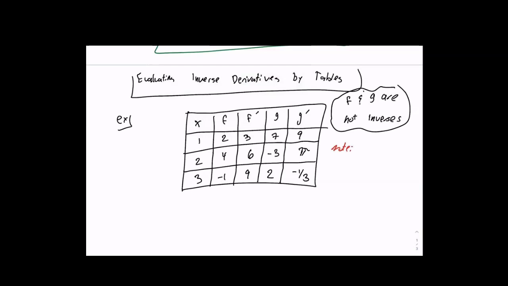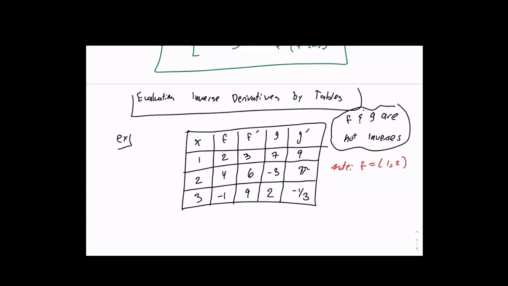Now, something to note. f has the point (1, 2). So the inverse of f has the point (2, 1).